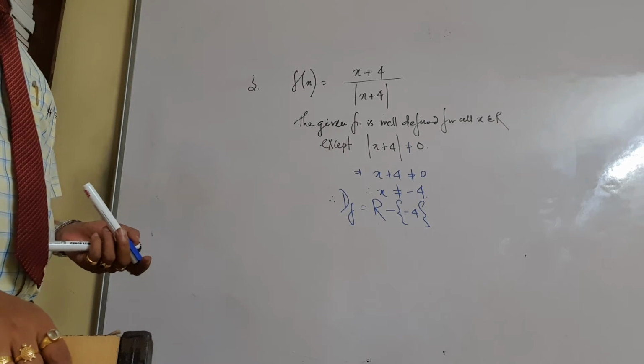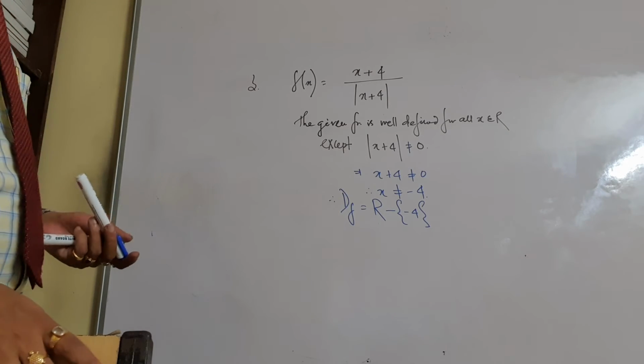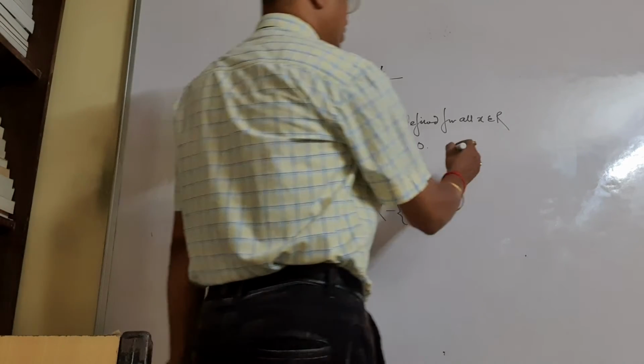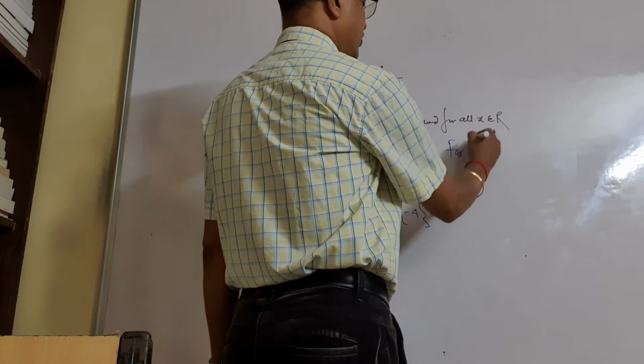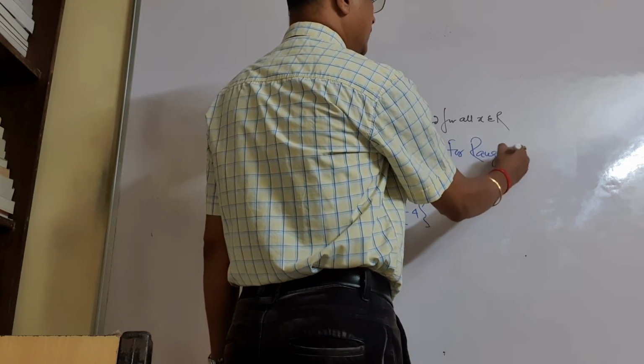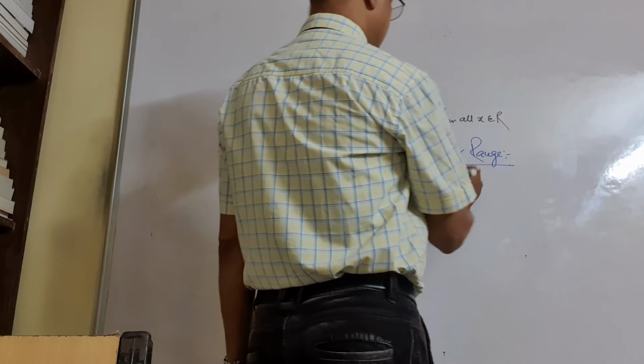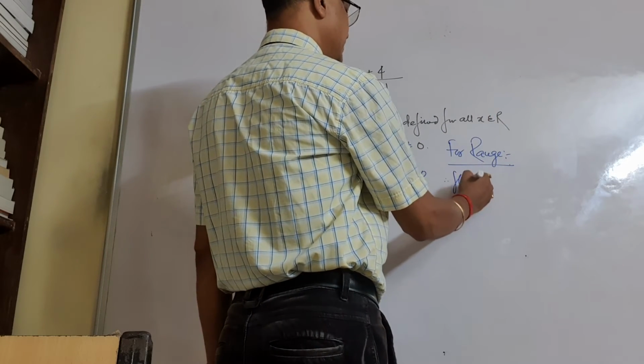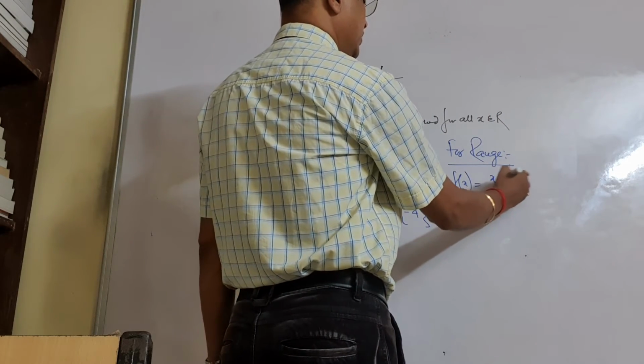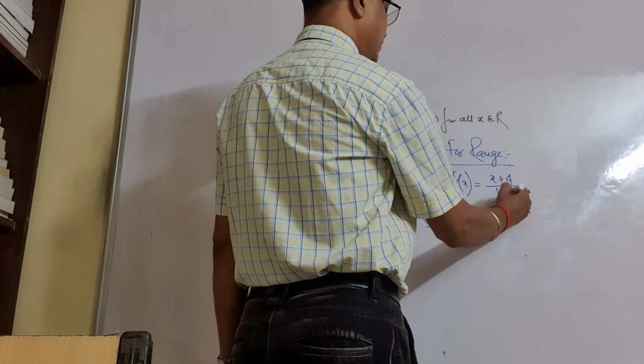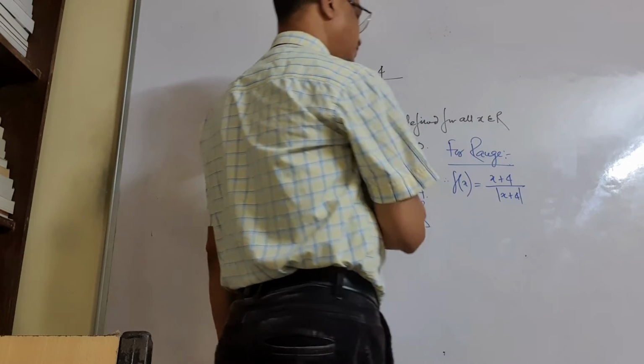Right? Now if you come to the range, as it is the modulus function, f(x) can be split as (x plus 4) divided by mod of (x plus 4).